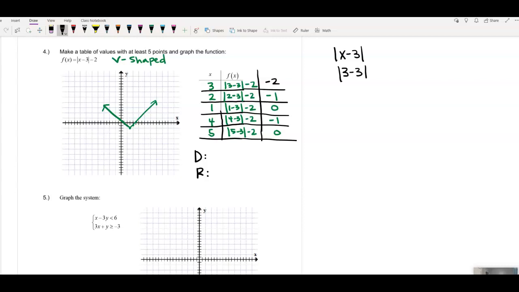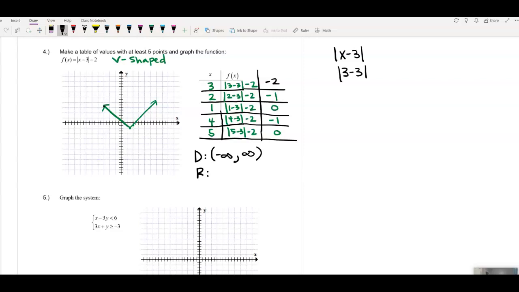Yeah, it's going out to negative infinity. Just because my graph stopped here doesn't mean it's stopping here. That arrow means it's going on forever. So it's going to continue out to negative infinity to the left, and to the right it's going to be going to positive infinity.